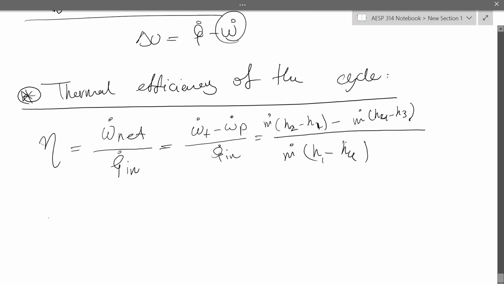If you play with this a little bit, you can take the m dots out, and you can take the H1 minus H4 out as well. You're going to get to this equation: H1 minus H2 minus H3 divided by H1 minus H4.